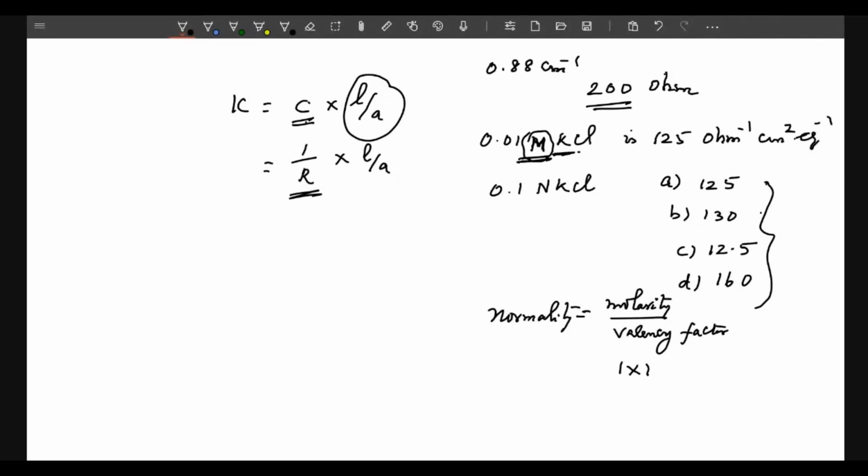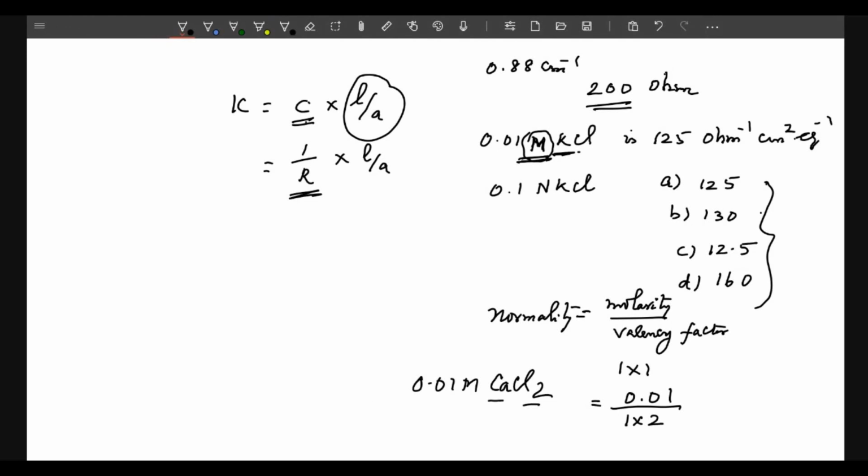If it is given as 0.01 molar calcium chloride, and you are asked to calculate the equivalent conductance, then 0.01 divided by the valency factor. Take any one of the ions, either calcium or the chloride. How many metal ions are there? Cation 1. What would be its valency? 2.